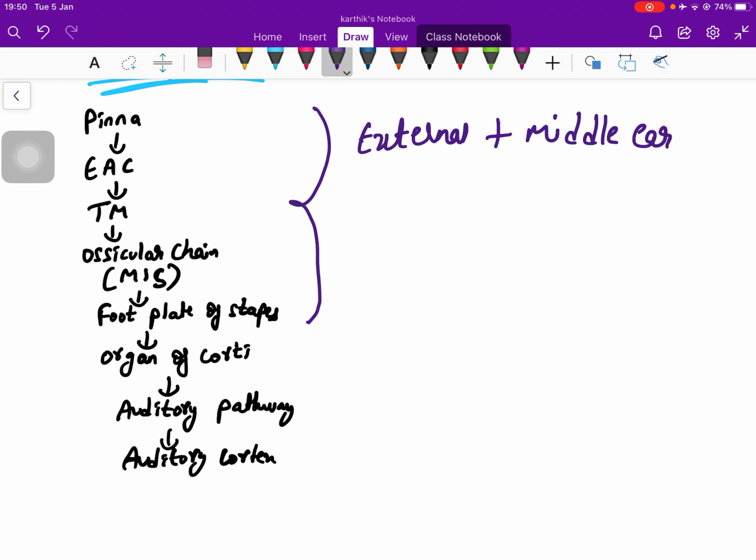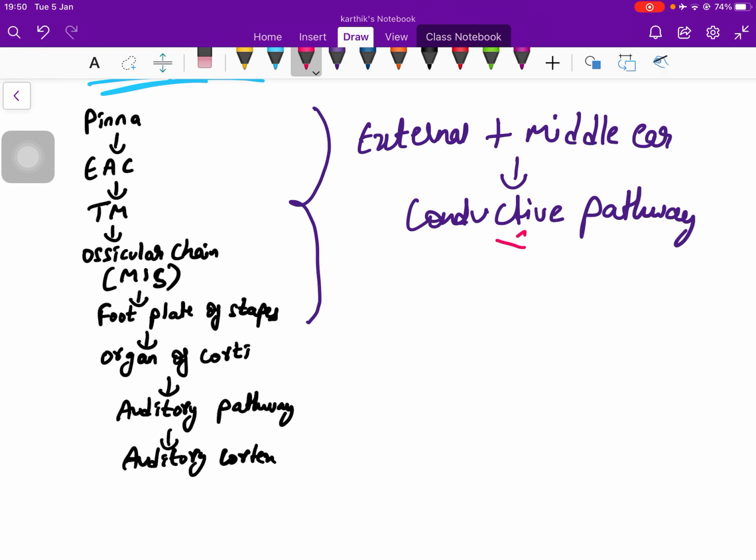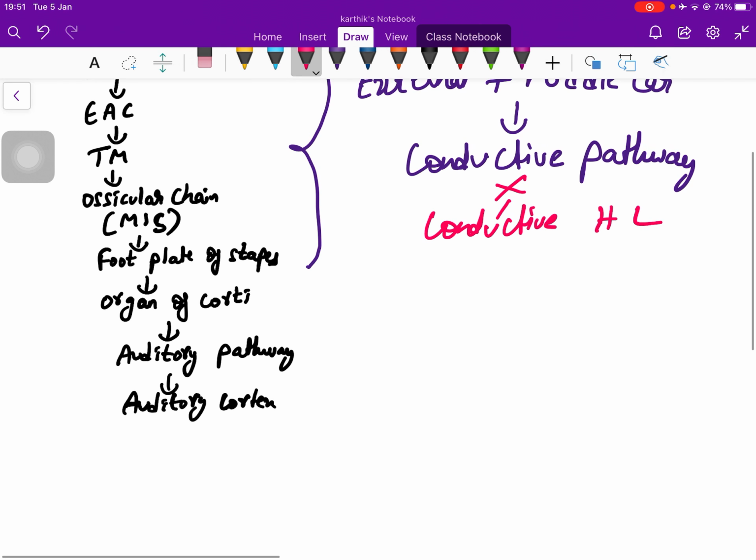Until the tympanic membrane, it's the external ear, and from the ossicular chain, it's the middle ear. Everyone knows that. These both are the conductive pathway. Whenever there is a defect in this external and middle ear pathway, it leads to conductive hearing loss.